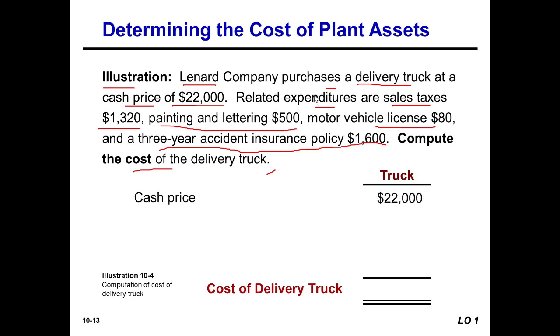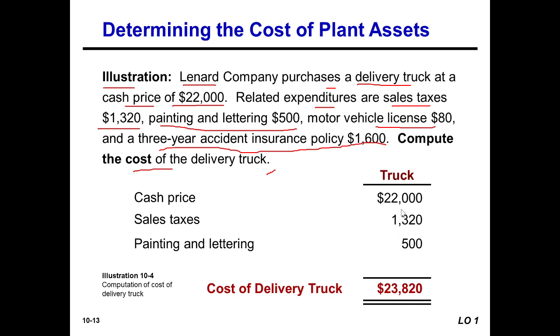So here the cash price, this one, sales tax, this one, painting and lettering, this one. The motor vehicle license and 3-year accident insurance are operating costs, so we couldn't consider these costs. Okay, so the total cost of the delivery truck is 23,820.